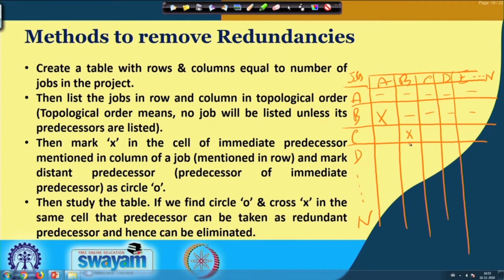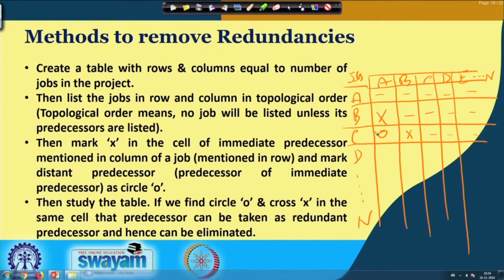So, we will mark an X on B as the immediate predecessor of C, and nothing is mentioned at this point, but as B is the immediate predecessor of C and B has the predecessor A, that means A is becoming the distant predecessor of C, as B is dependent on A. So, A is the distant predecessor of C and we will mark a circle in this box.